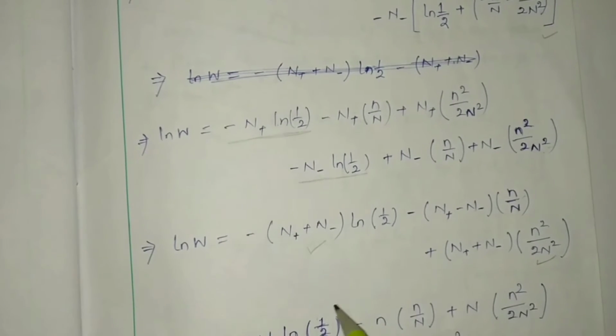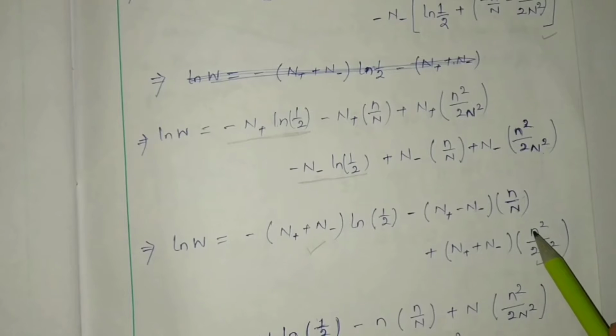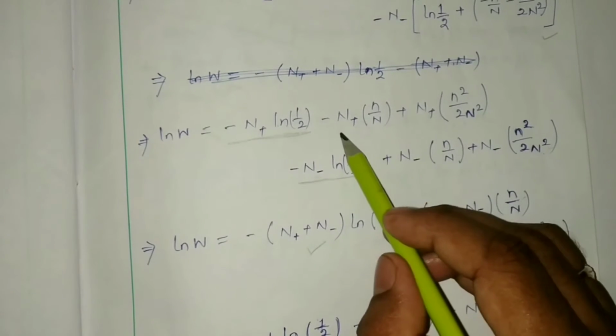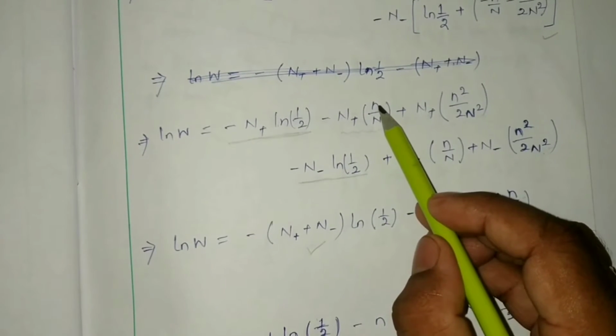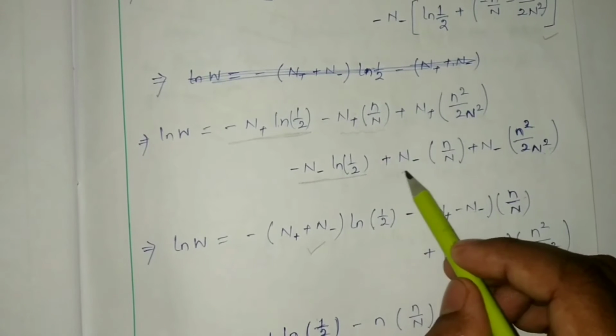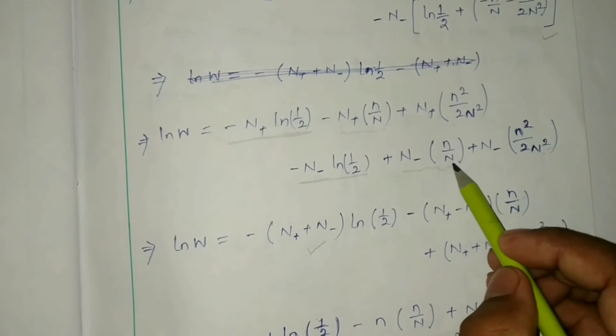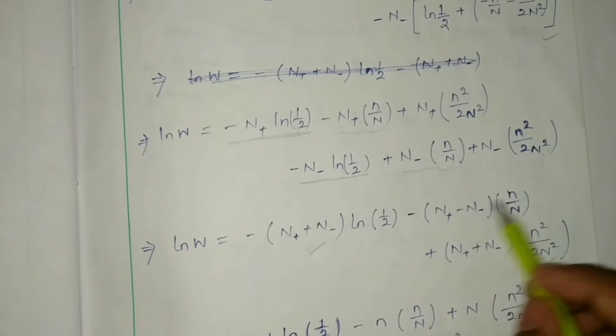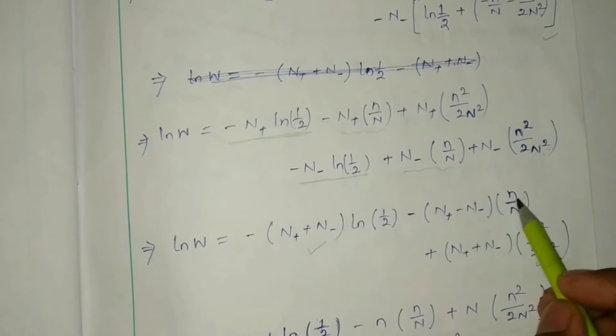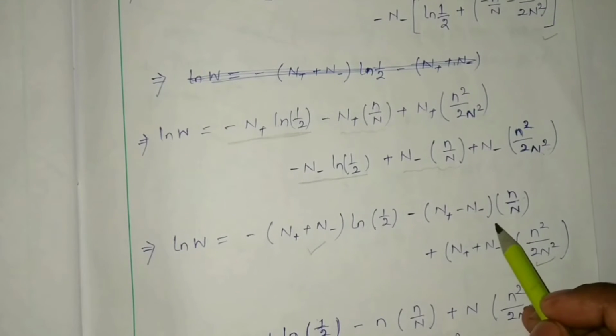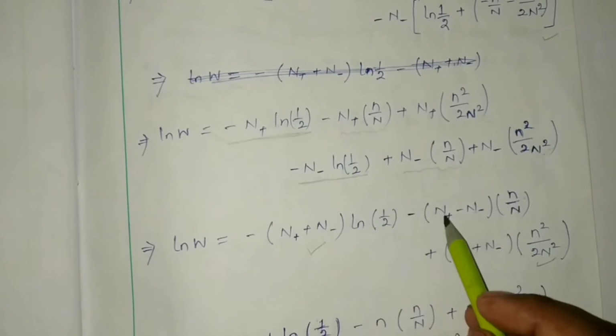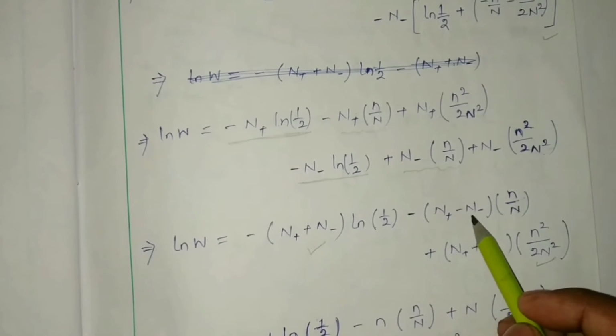Then here one term contains small n by capital N, another term contains small n by capital N. Take common minus small n by capital N, we get n plus minus n minus.